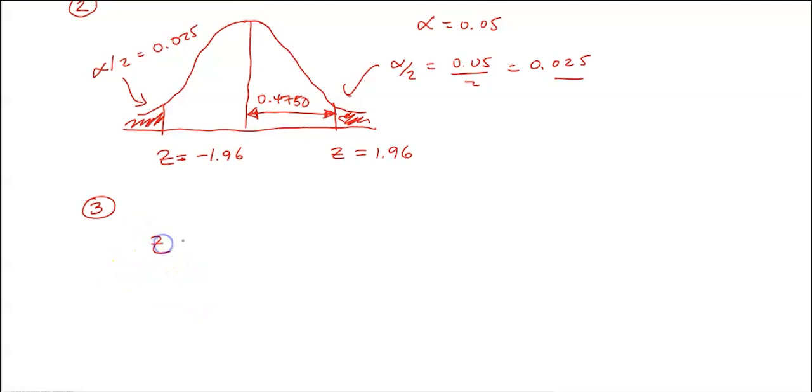Okay, so the Z score this time, because we are combining two of the means, and we are then subtracting the means, what we would do is subtract the mean for Niagara Falls from the mean of St. Catharines, and then we're going to divide.